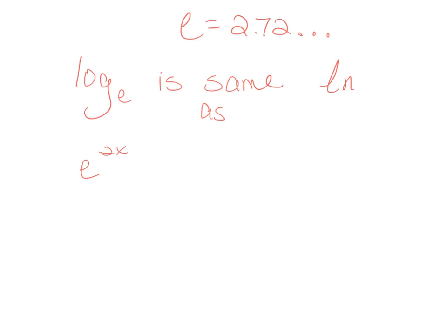You want to convert it to log form, you get log base e of, let's say, y equals 0.2x, right? And then whatever. So what we learned in the lesson is that log base e is exactly the same as the natural log, okay? So there are times when it's easier to use the natural log instead of log base e.